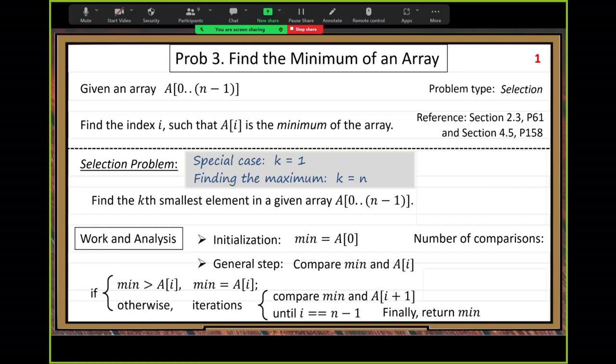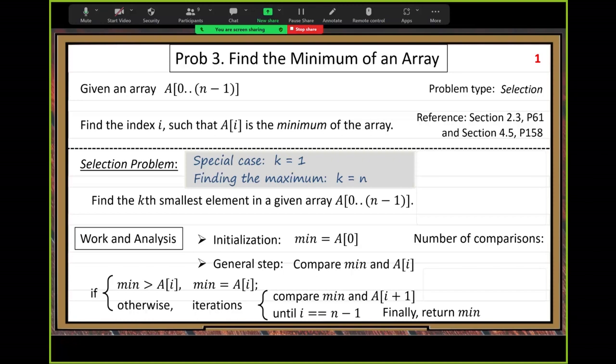N minus 1. The reason is that for the first element, this is an assignment, not a comparison. Here I ask you the number of comparisons, so you do not count assignment operations.